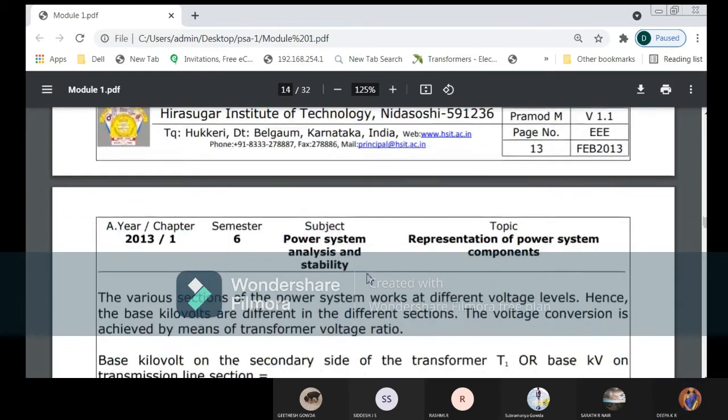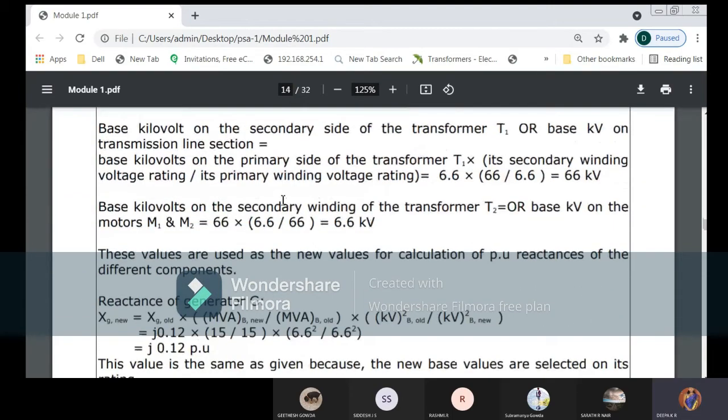So note down this formula first. Base kilovolt on the primary side of a transformer. You're considering the transmission line that is connected to the secondary of a transformer.